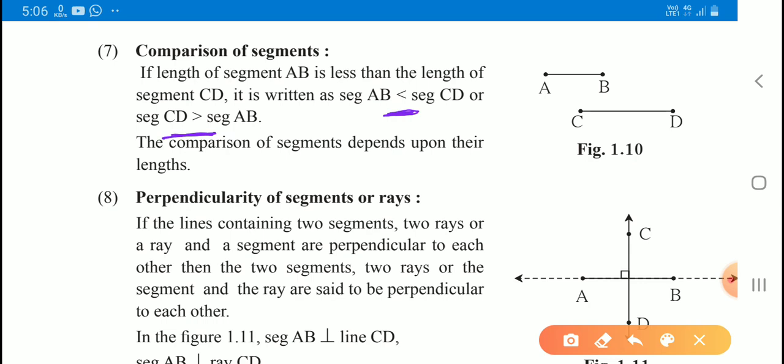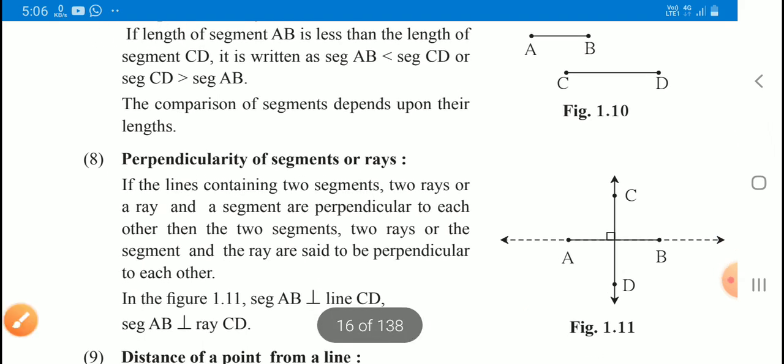By observation or by finding the measure, you can understand or write the comparison between the two segments.